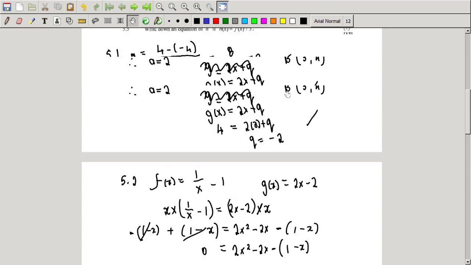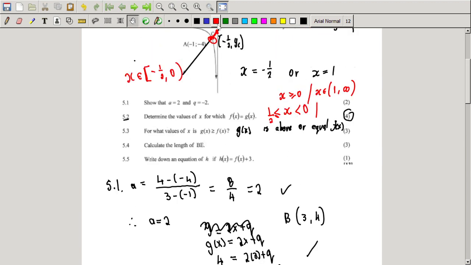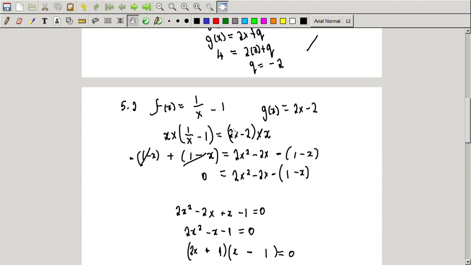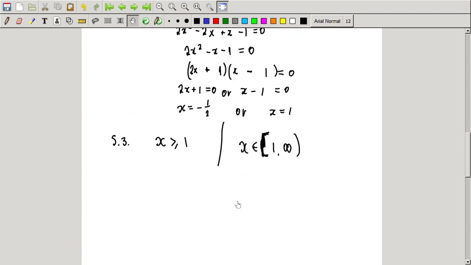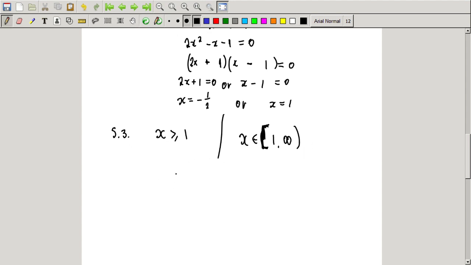Let's go back. Here in the red, I forgot to put the square bracket to show that I'm also including it. Let's go down. Here's how I'm supposed to write it, then you're going to get your marks.